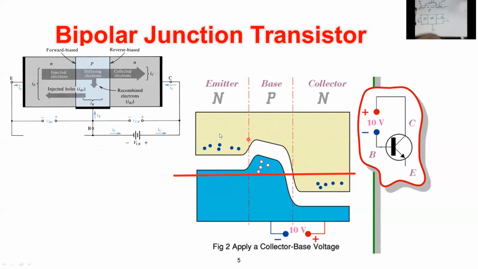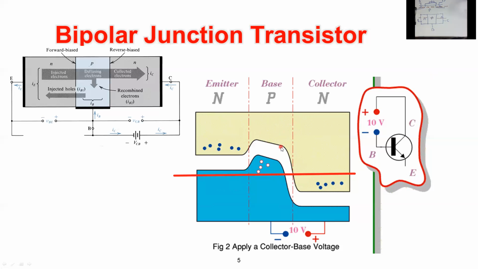And nothing has changed here because there is no voltage applied to the emitter, so this PN junction is neutral. Now, if you have an electron here, these electrons will automatically drift at a very high speed to this side. But the question now is, do we have electrons here?